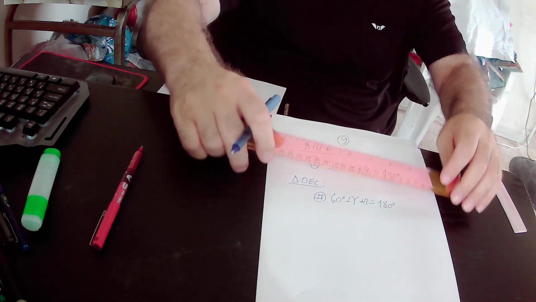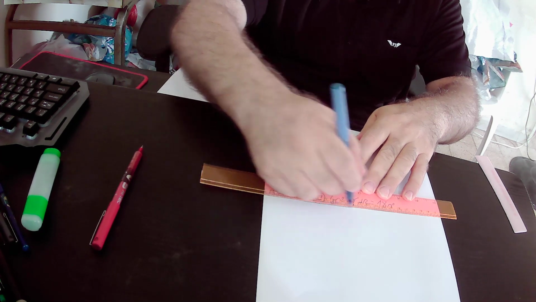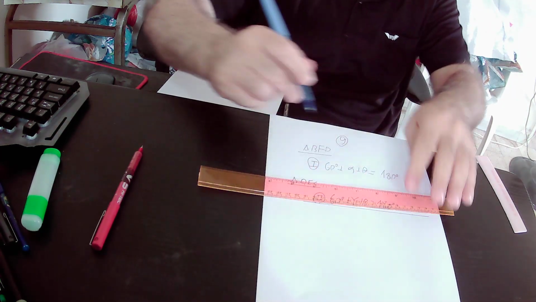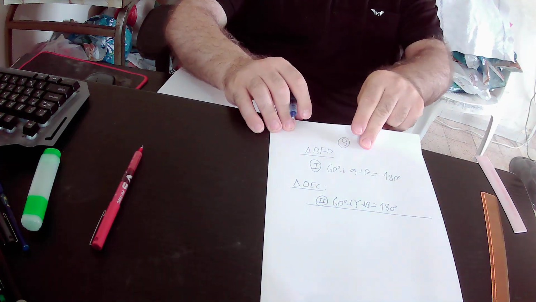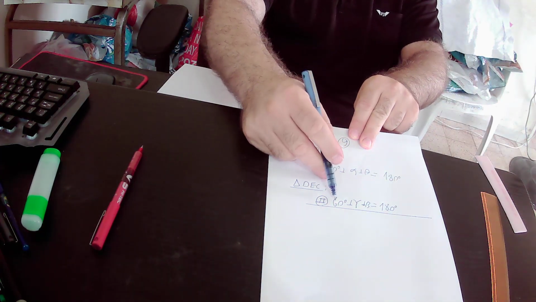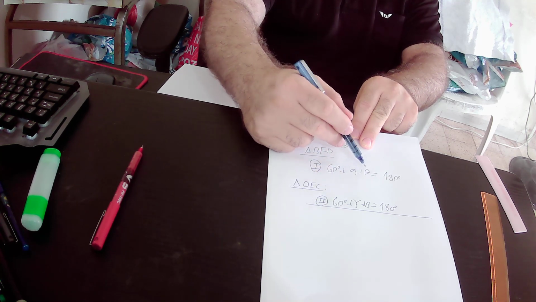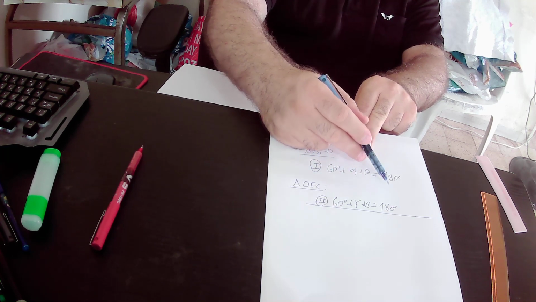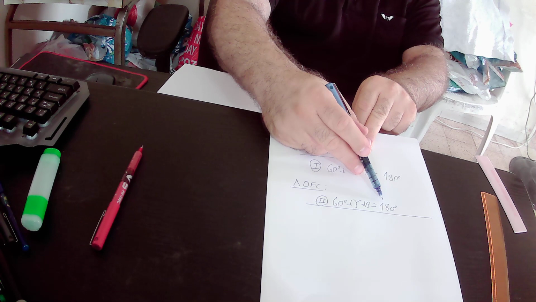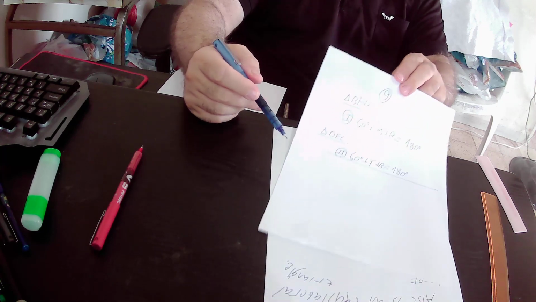So we will add equation 1 and equation 2 together. 60 degrees plus 60 degrees, plus alpha plus theta plus gamma plus beta will be equal to 180 degrees plus 180 degrees. Okay, so I will write it down.